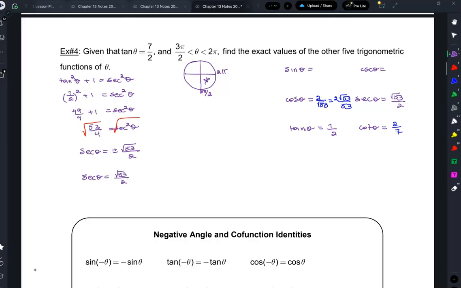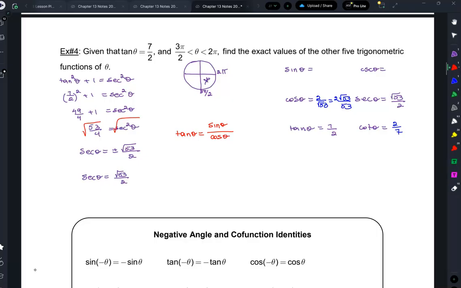Now, I want to find sine and cosecant. Well, sine and cosine together divide to make tangent. So, why don't we write that out? Never skimp on the work you show, right? Write everything out. So tangent of theta is sine of theta over cosine of theta.